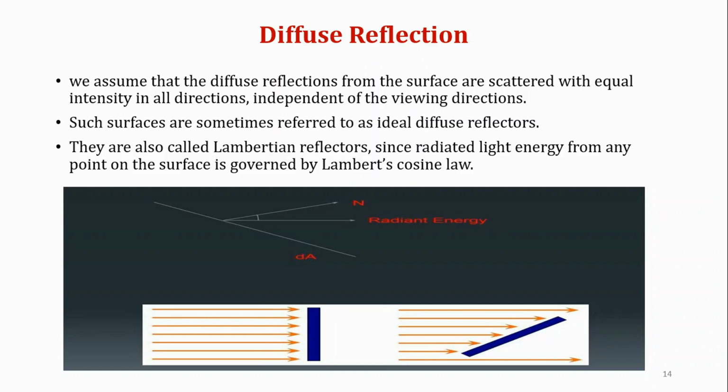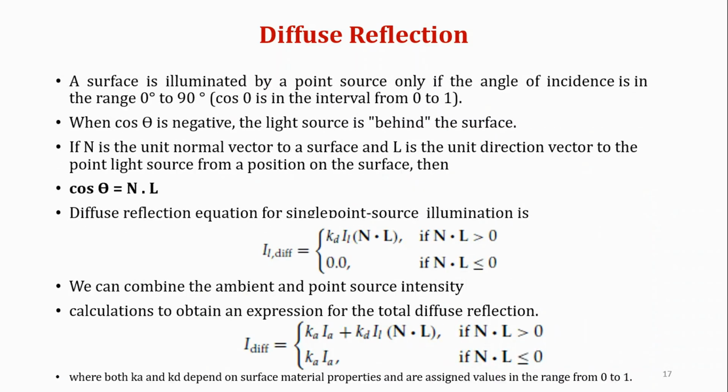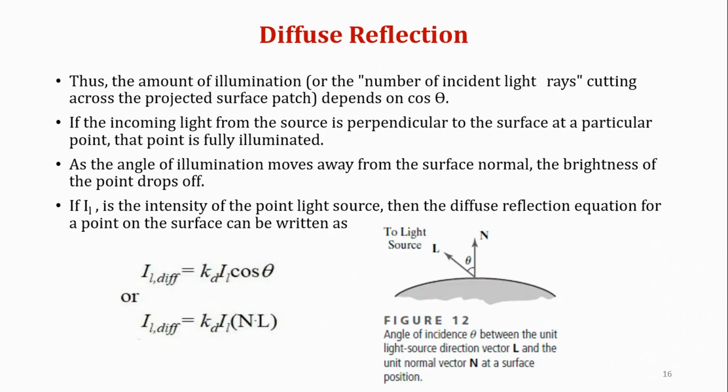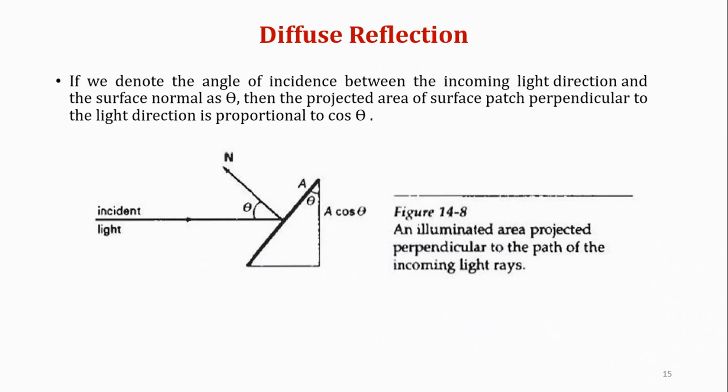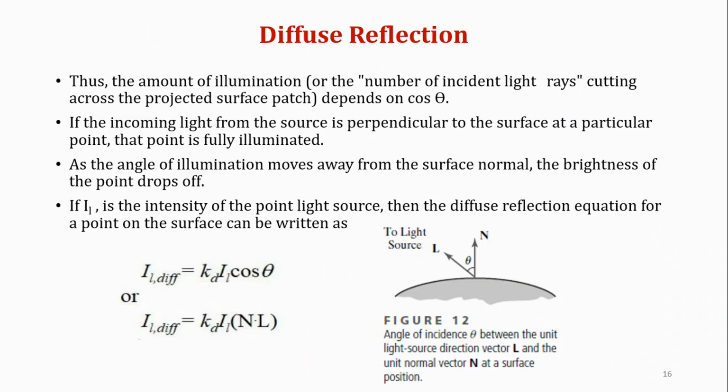Next is combined ambient and diffuse reflection. All surfaces remain visible, and proper shading effects are produced.